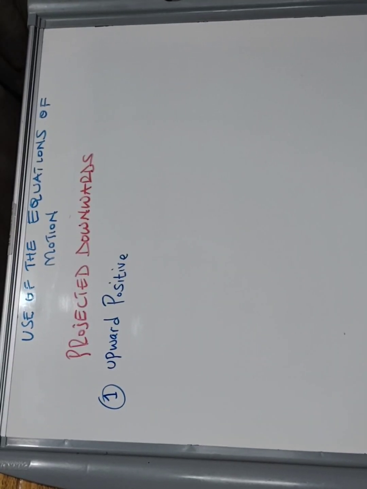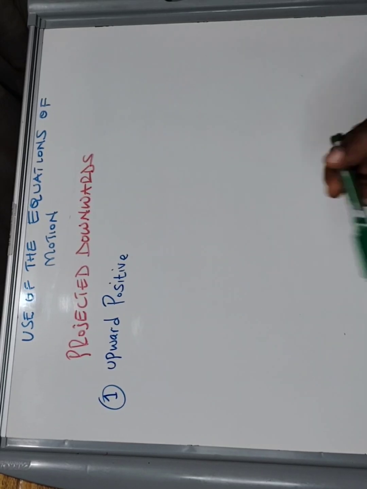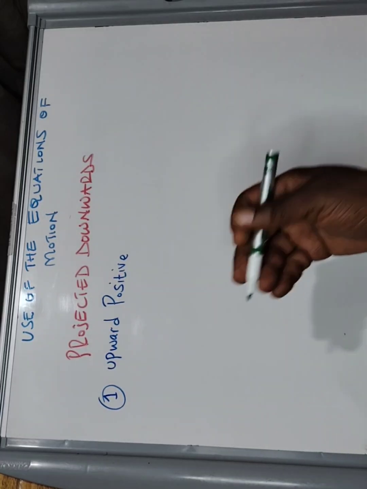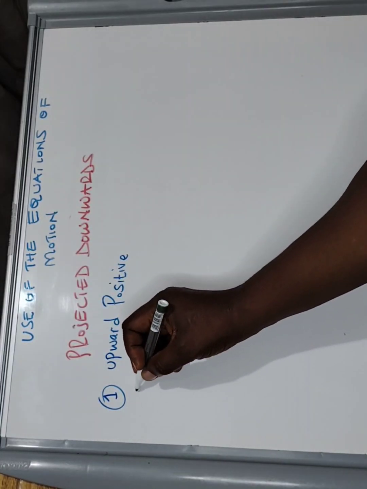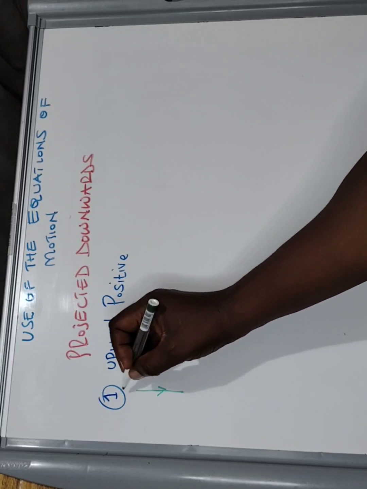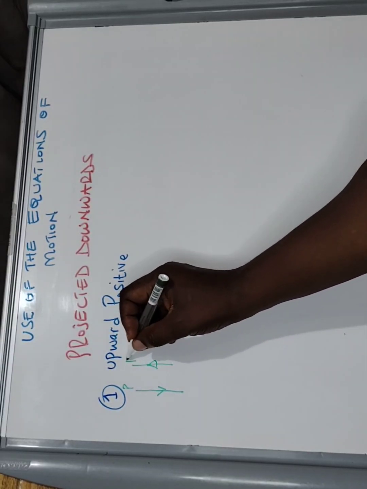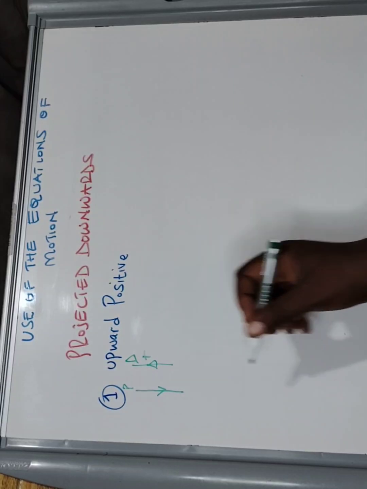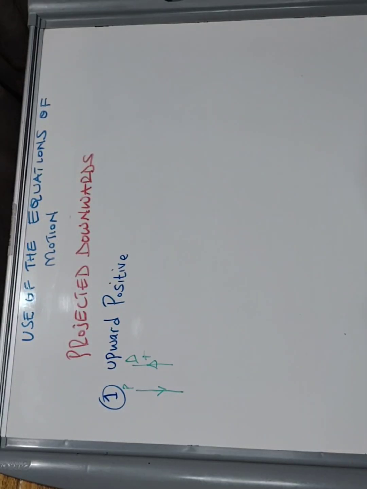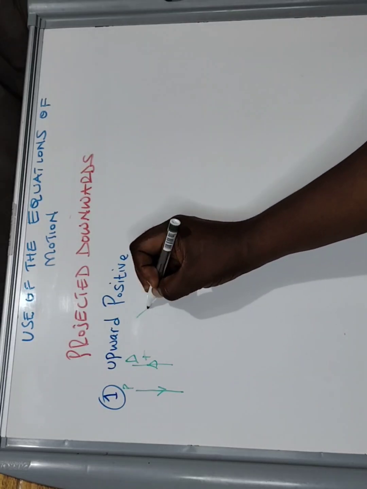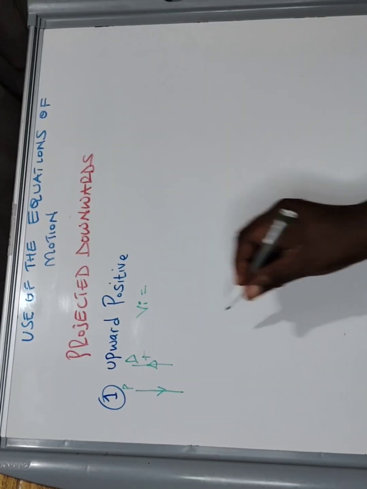Yes, then we come to this scenario. The body is projected downwards, but we have taken upward as positive. Okay, this is what we have to know. The projection is downwards, but upward is the direction we have taken as positive. What does that mean? Let's start with the initial velocity.